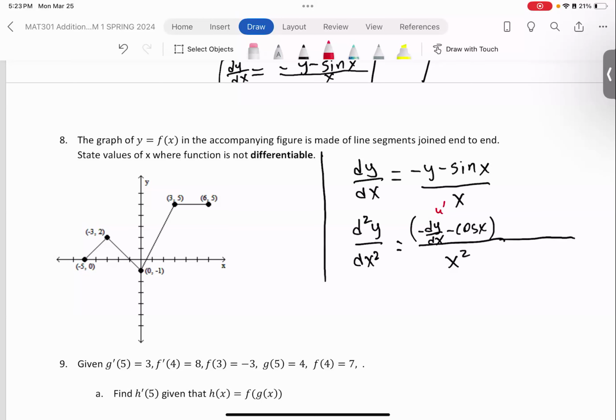Now we need to multiply it by v, so we times it by just x, correct? Then we got to do minus. Now we're going to keep this mess here, and now we got to multiply it by the derivative of x. What's the derivative of x? 1. That's it.